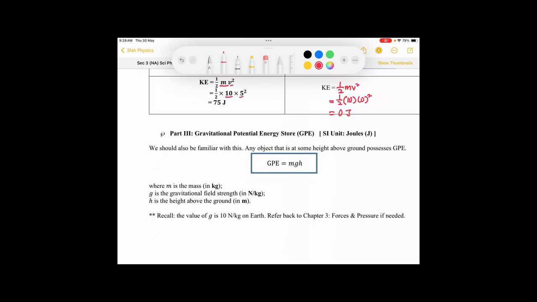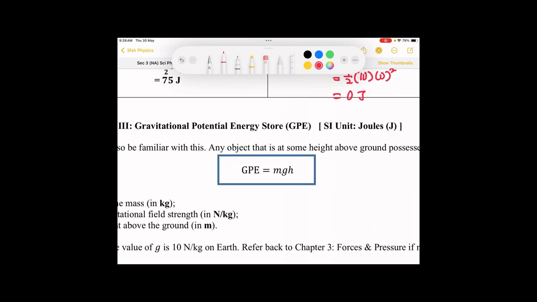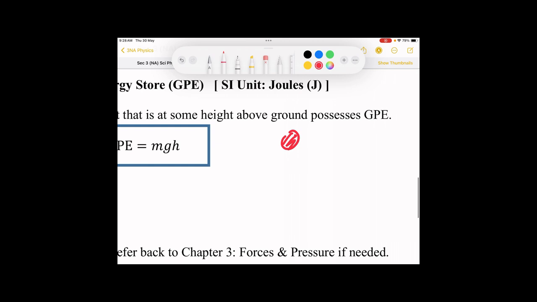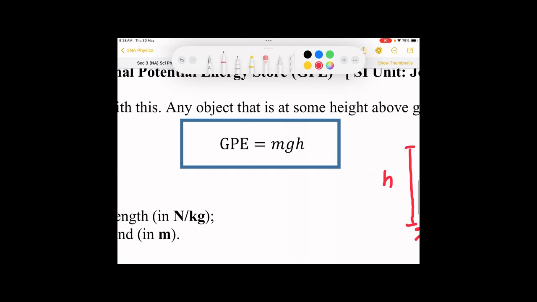Next, we look at the gravitational potential store. Alright, so what happens is, if I have an object that is at a height above ground, so by its position it is at a height of h above ground, then it possesses some energy in the gravitational potential store. And the formula goes like this: mgh.